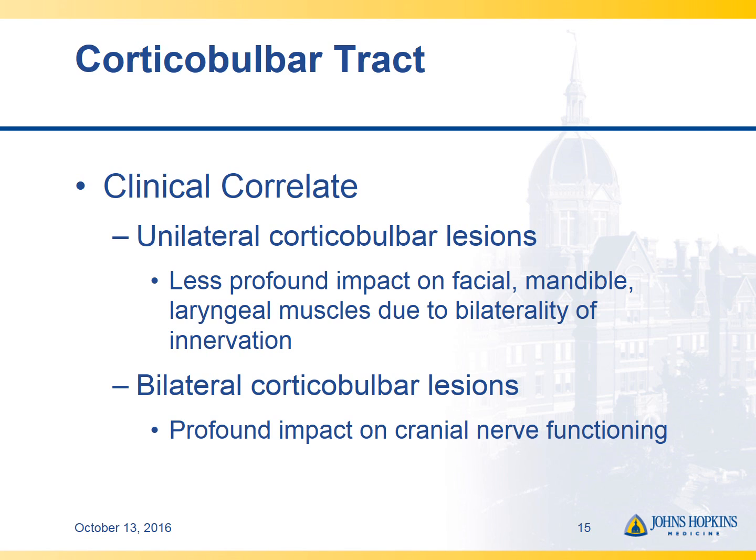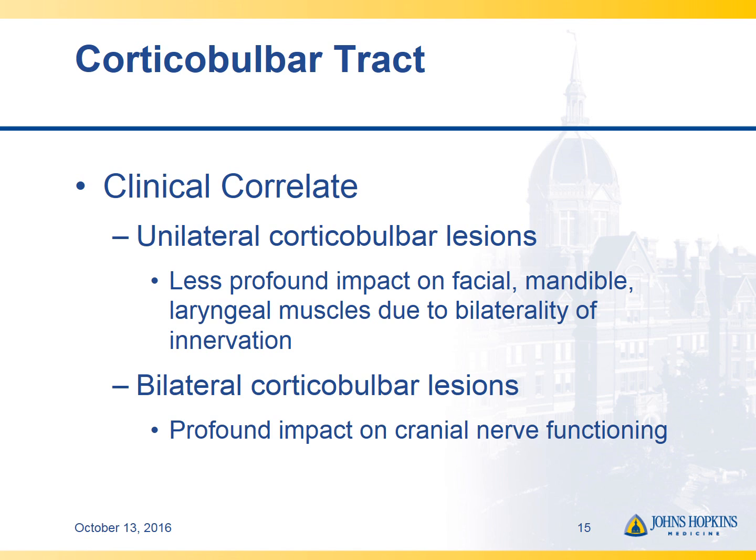So if there's an upper motor neuron lesion on the left, although those tracts would be impaired, the tracts on the right, which are both ipsilateral and contralateral, would be preserved.